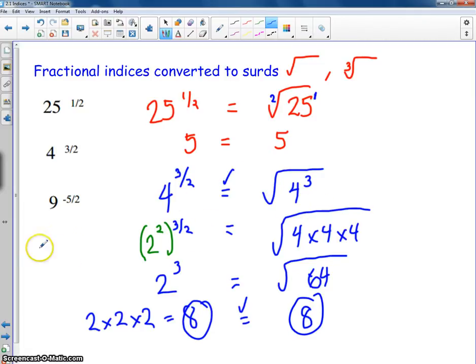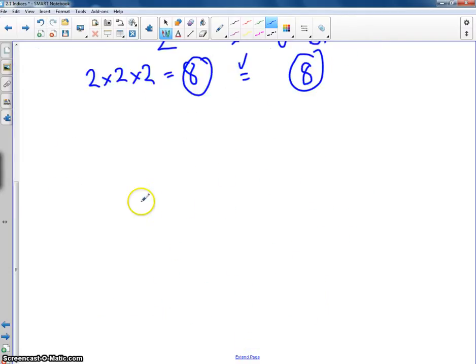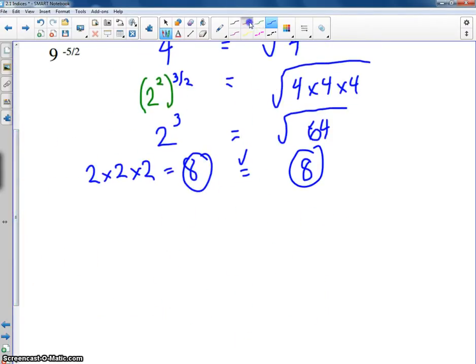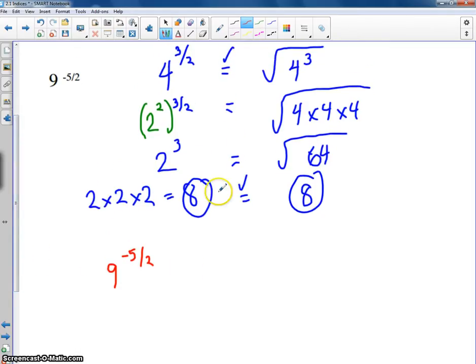Let's try that one more time for the last example: 9 to the power of -5 over 2. Following the formula, there's a surd sign, 9 to the power of -5 under a square root of 2, but we don't really write it.